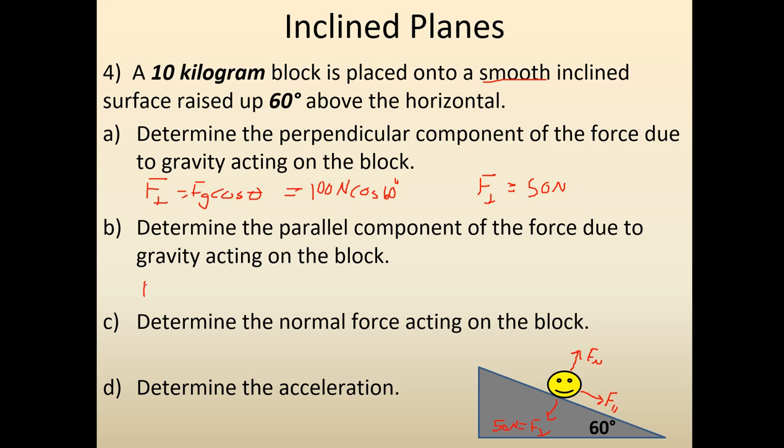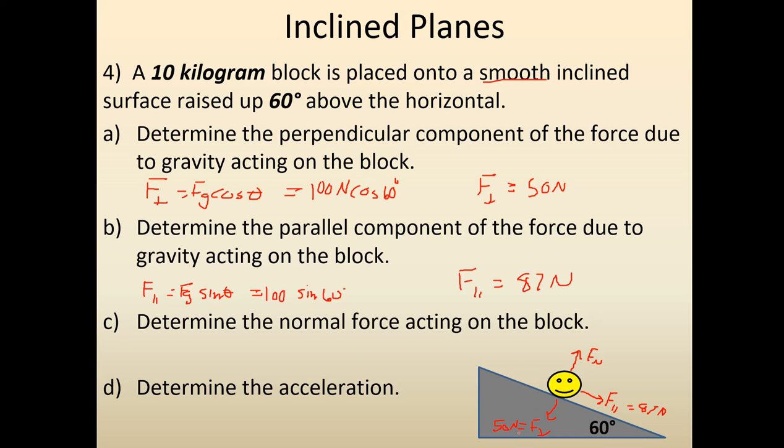Here, F parallel is Fg sine theta. So 100 times sine of 60 is going to be about 87. Going to part C, the normal force.